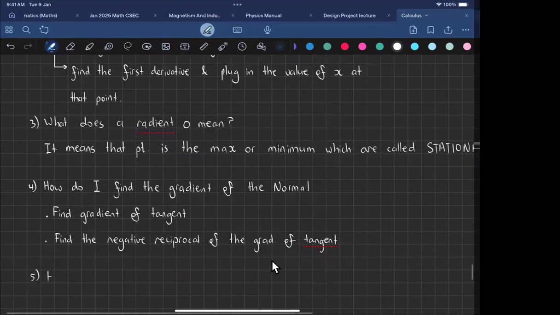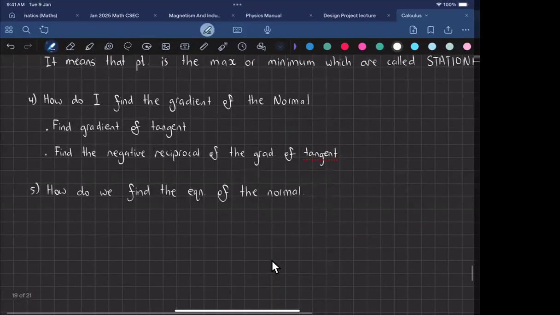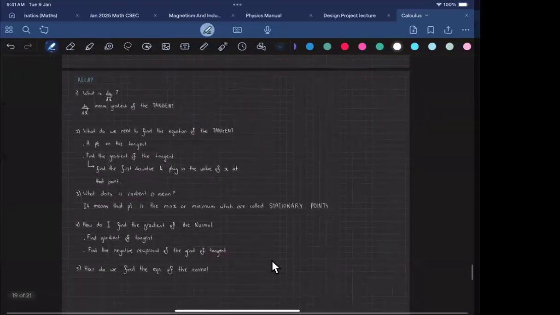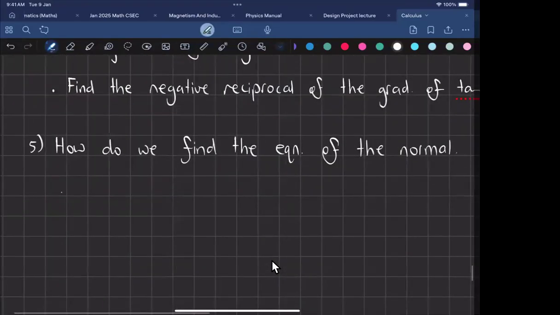Right? And lastly, how do we find the equation of the normal? You use the formula y is equal to mx plus c. But first of all, you need a point on the normal.